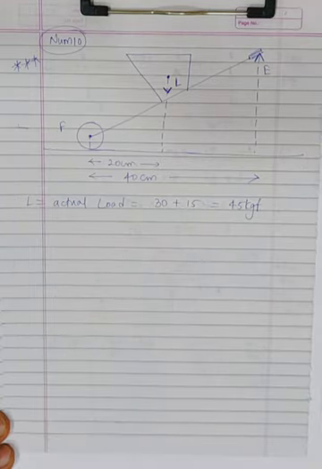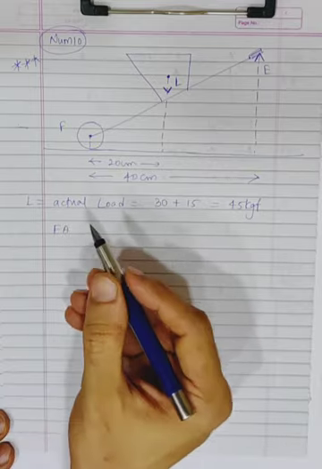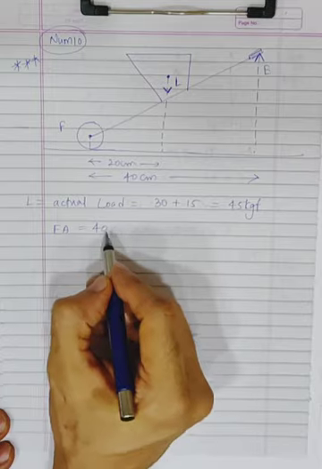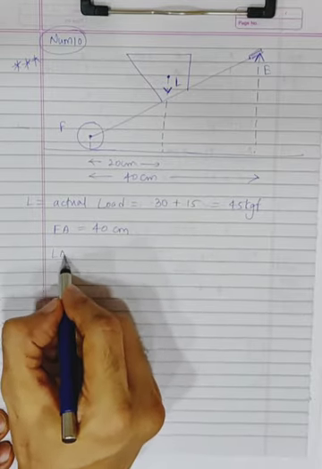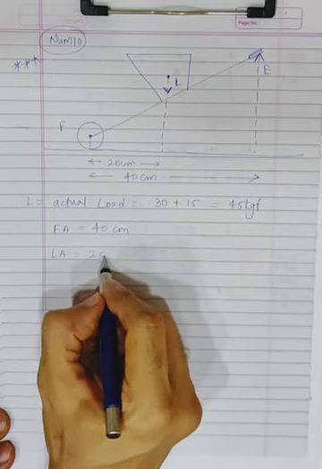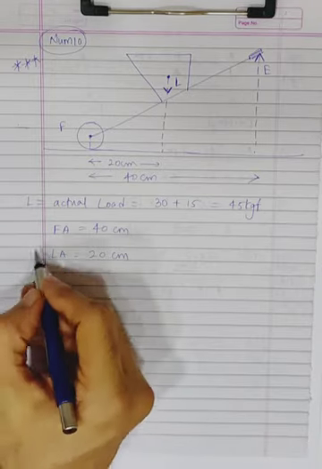Now what is your effort arm in this question? Effort arm is the distance from fulcrum to the effort, which is equal to 40 centimeter. What's your load arm? From fulcrum to load, that's 20 centimeter. So the first part, find the load arm, we found it.